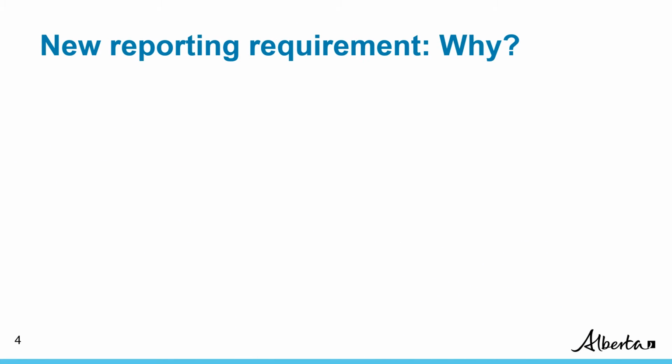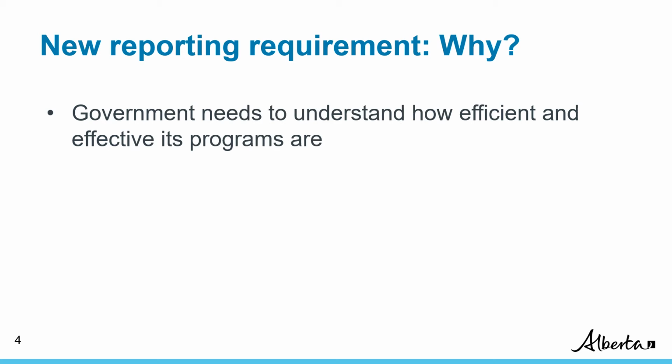And now let us talk about what is new in the reporting requirements. And first, why? Why is this new requirement? Because there is a growing need in the government to better understand how well our programs are doing, how well they serve the nonprofit and voluntary sector, as well as the whole community.